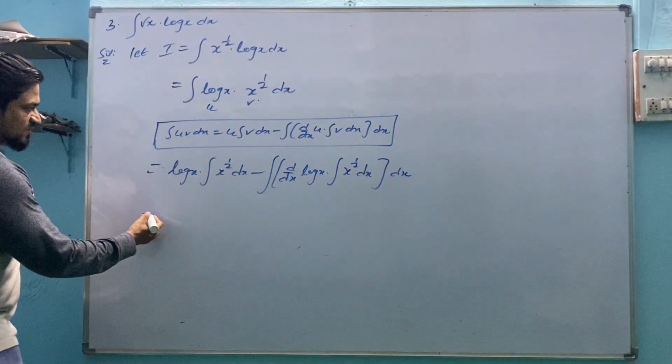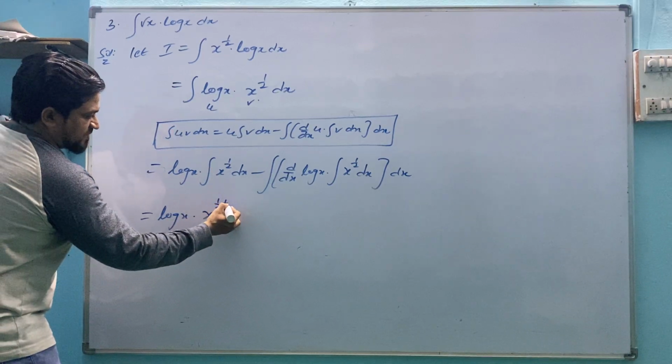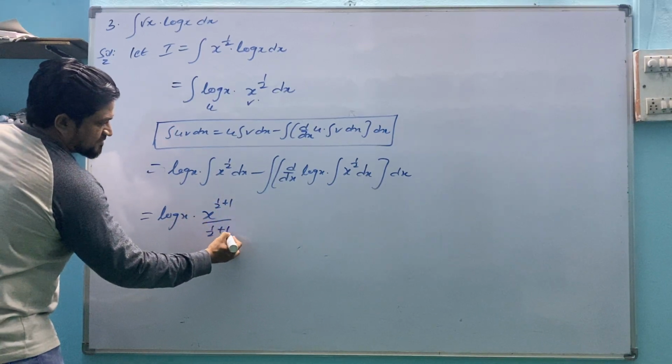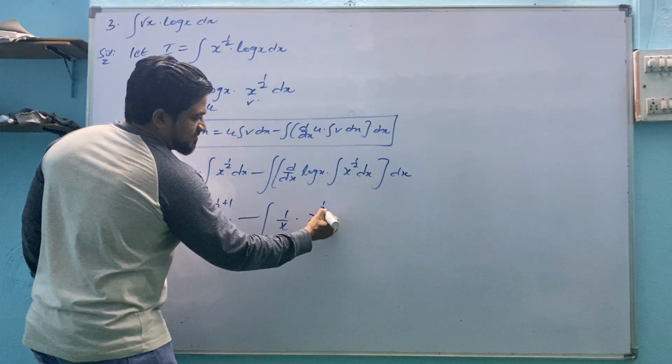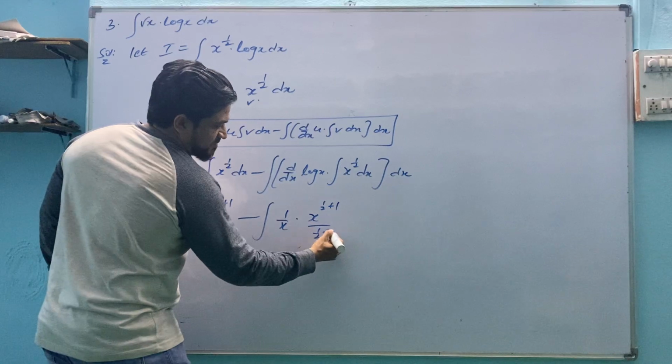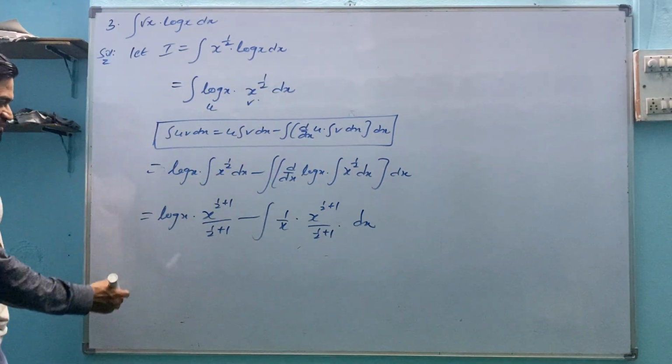Now this is x power n plus 1 by n plus 1. Log x derivative is 1 by x. This is x power n plus 1 by n plus 1 dx. Don't take plus c, will take at the end.